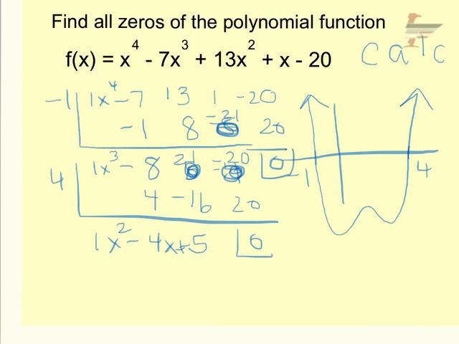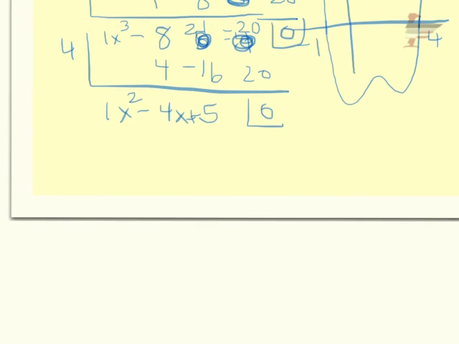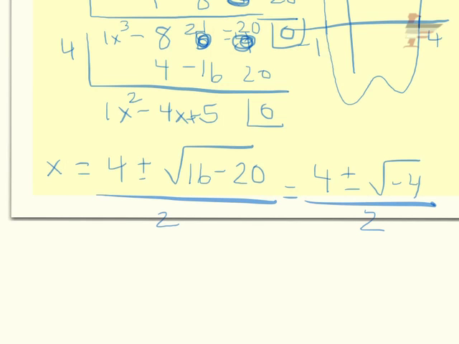So now I'm going to solve that quadratic using the quadratic formula. So x equals the opposite of b, plus or minus the square root of b squared minus 4 times a times c, all over 2a. 16 minus 20 is negative 4, and the square root of 4 is 2, but it's also imaginary.